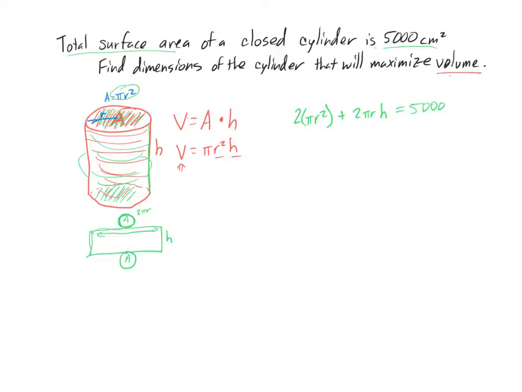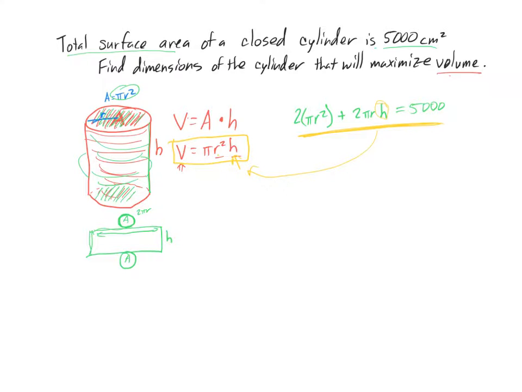Now I need to be able to solve for one of those variables, because remember, in the first equation, I had too many variables: V equals pi r squared h. If I can solve for one of those variables in this equation and then substitute it in over there, then I'll only have V and one other variable. You can solve for either one, but in the surface area equation, the easiest one to isolate is definitely h.